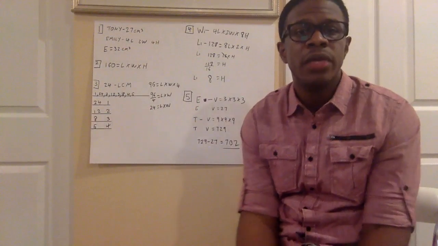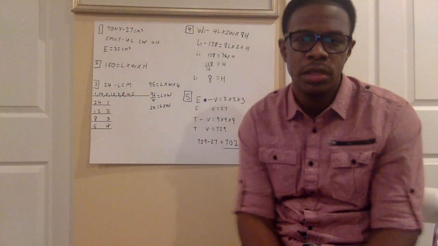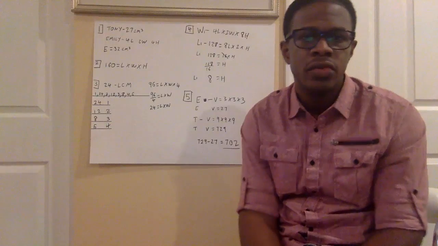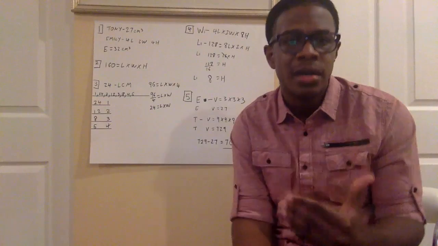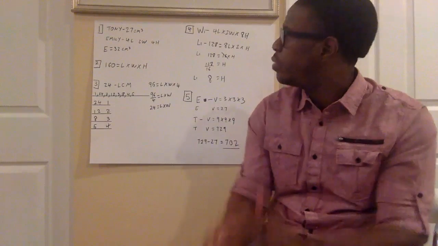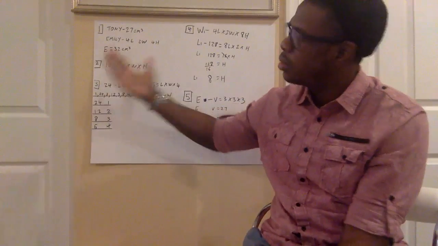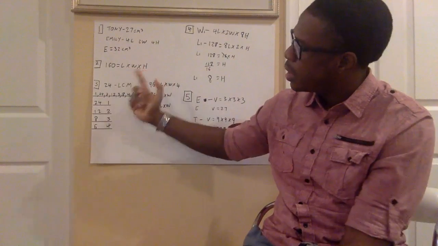Number 2: a rectangular prism with a volume of 160 cubic centimeters is made out of 1 centimeter cubes. Which of these cannot be the dimensions of the prism? So we know that the volume is 160. The formula for volume is length times width times height.